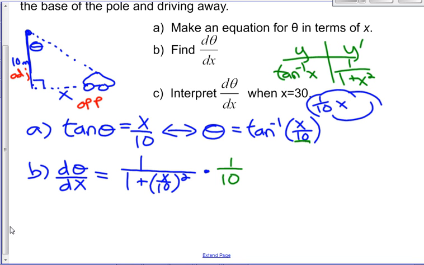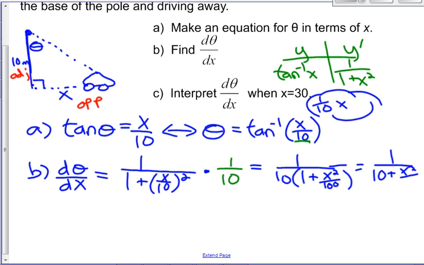Okay, we can simplify this if we like. There are a bunch of ways that we could write the final answer. I'm okay in this case with us having some nested fractions. So this is 10 times 1 over x squared over 100, or 1 over 10 plus x squared over 10. Okay, those are all equivalent statements.